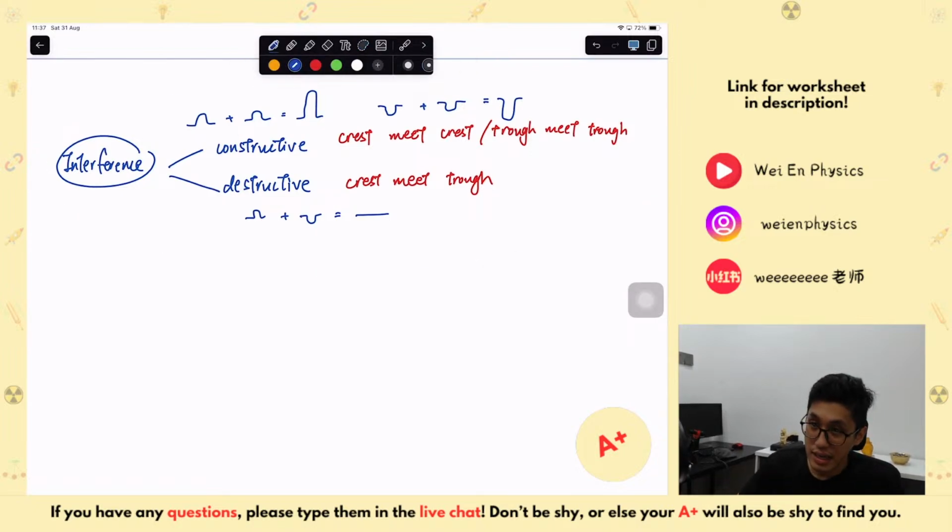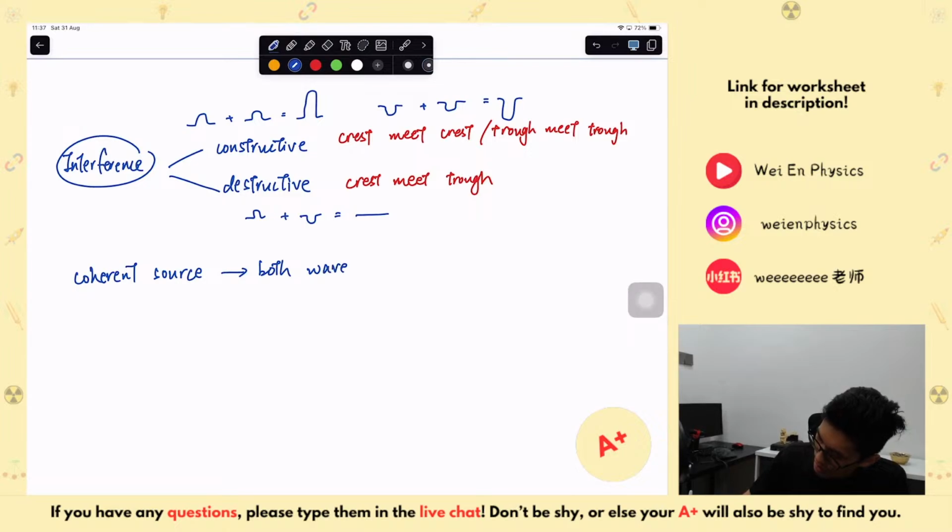Now under interference, there is another thing that they might ask you for the meaning of, which is coherent sources. What's the meaning of coherent sources? Coherent sources means both waves have the same wavelength. You can either write same wavelength or frequency, it doesn't matter because they mean the same thing.